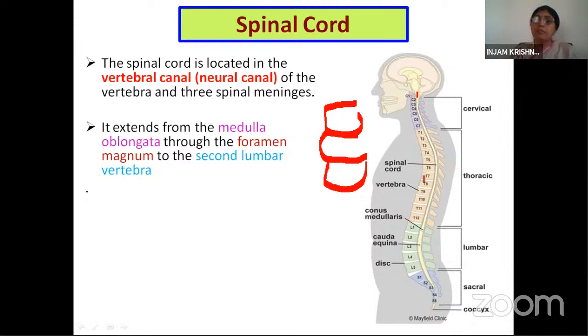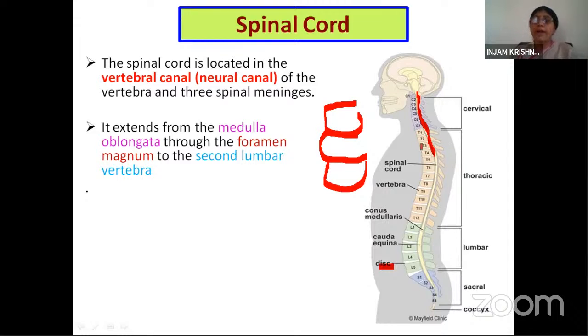This is the vertebra. The 33 vertebrae are connected by discs, like collagen, and this is the canal. In this canal, the spinal cord passes through all the way. This is the spinal cord.